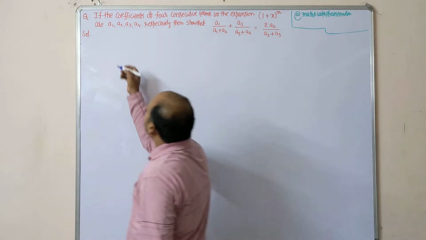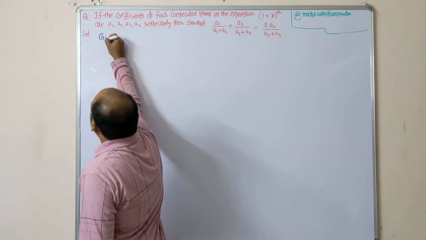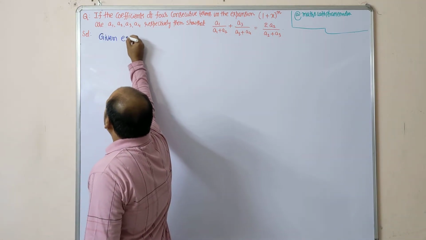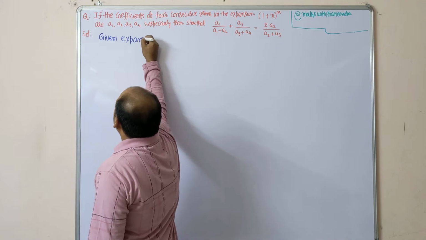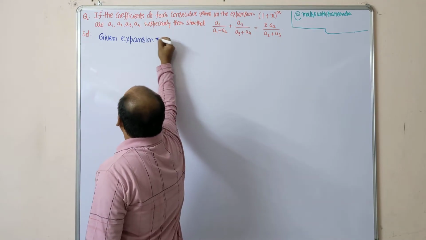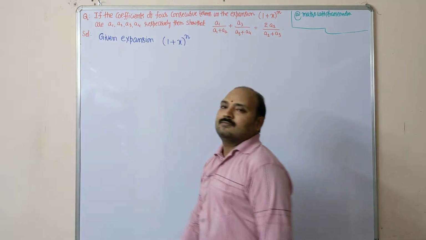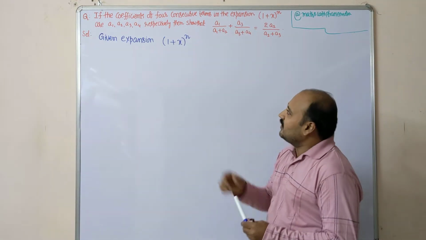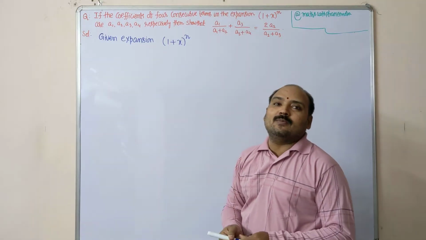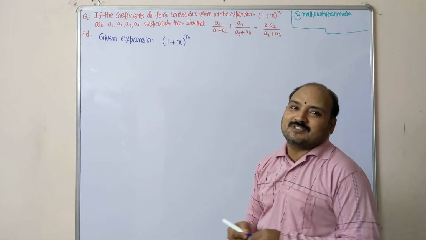First, what is the expansion given? Given expansion one plus x whole power n. Here, if the coefficient of 4 consecutive terms, first what are the consecutive terms?